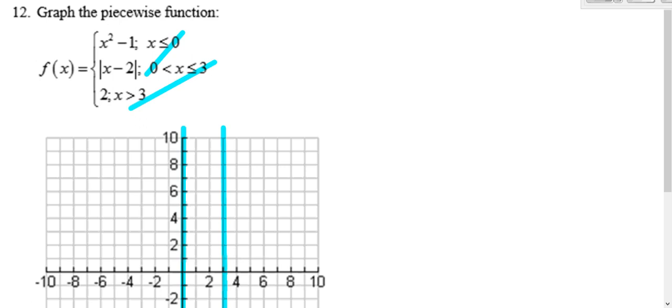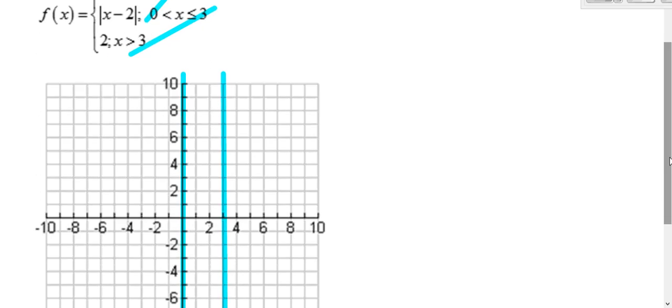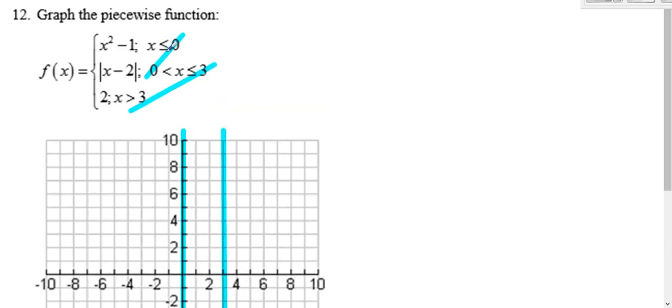So on the left side, less than or equal to 0, we're graphing x squared minus 1. X squared minus 1 is the parabola shifted down 1. Also notice that it's an or equal to, so that means on the boundary we're going to put a filled in point.